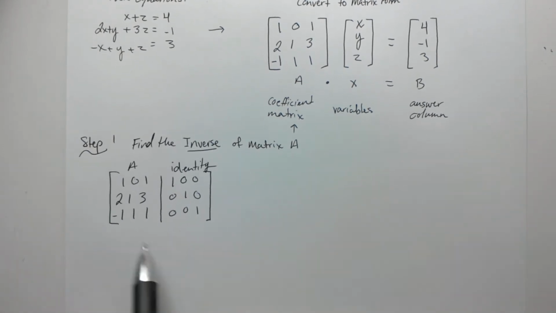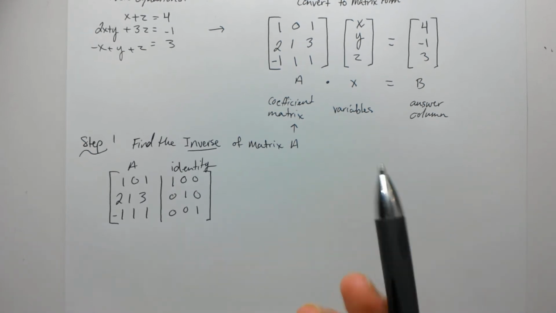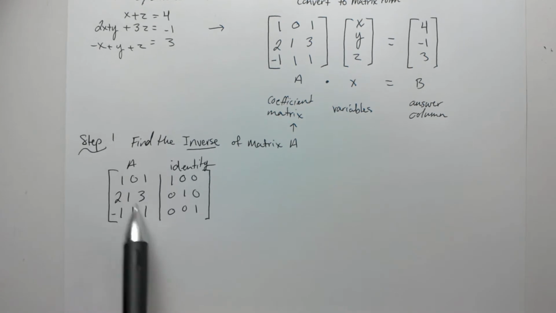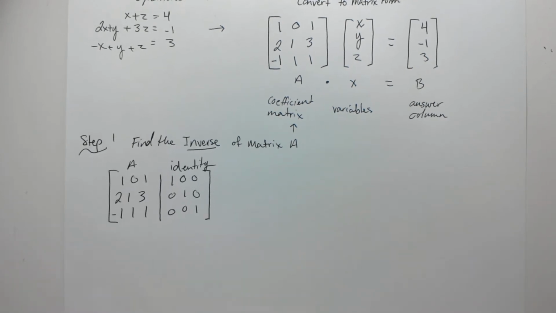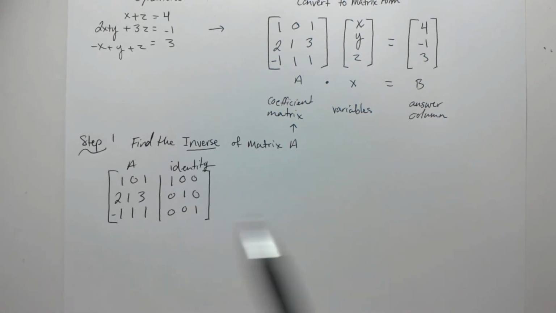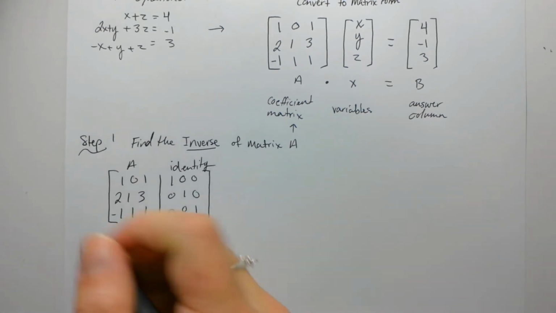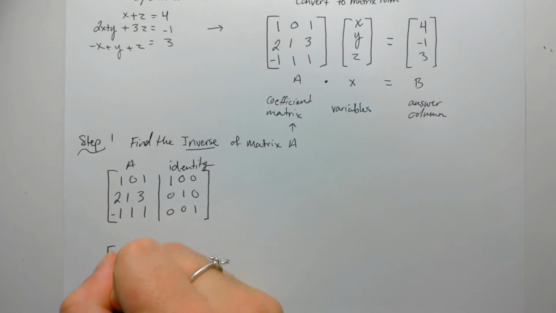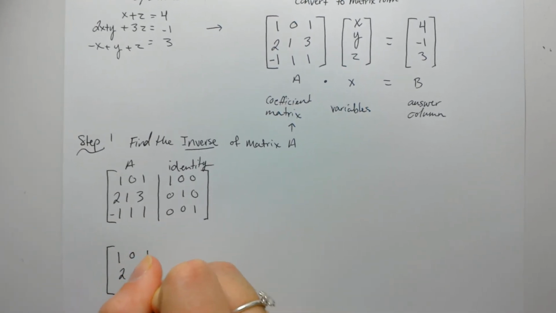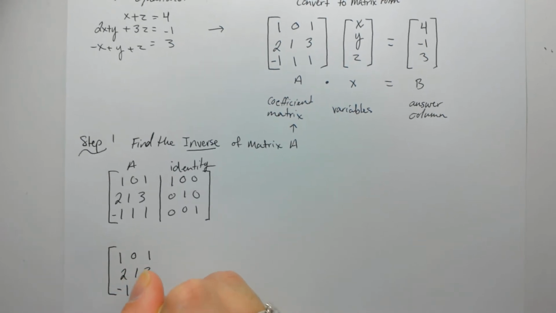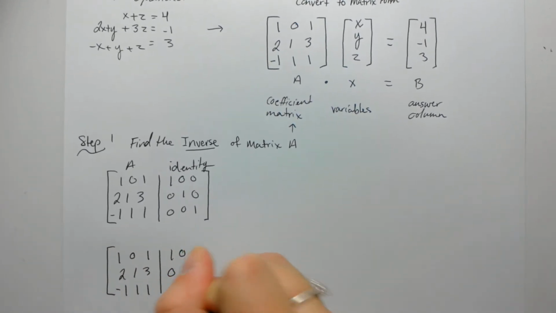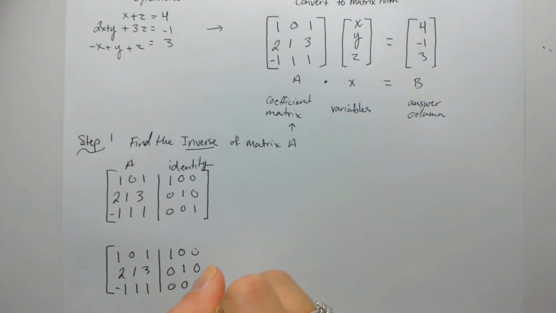But because there's really no right or wrong way here, we're just going to start with our top row. So I'm going to start rewriting it: 0, 1, 2, 1, 3, negative 1, 1, 1, bar. I am just rewriting it so that I have space to multiply.